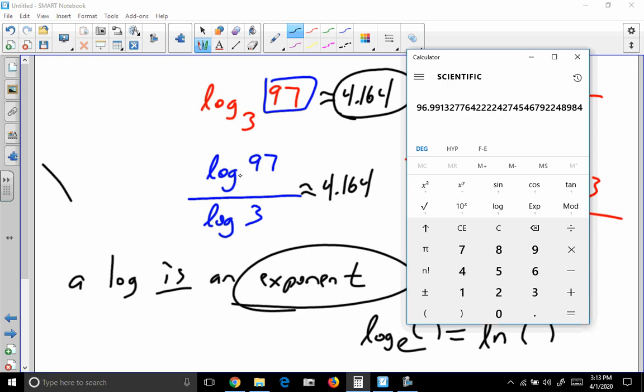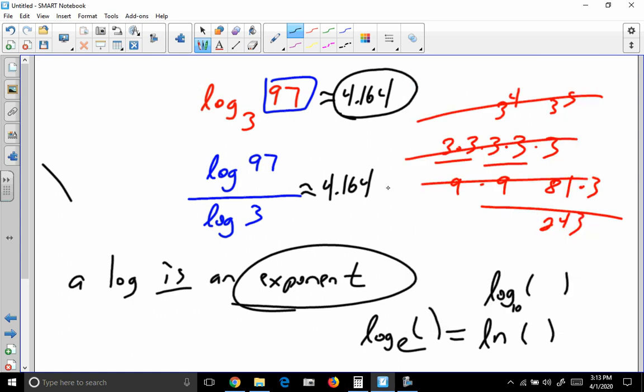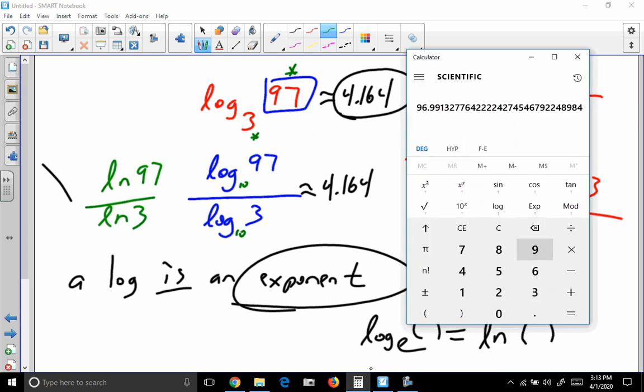This will work regardless of whether we do log base 10 or natural log. If we used natural log of 97 over natural log of 3, as long as we do this part on top, this part on bottom, and the bases are the same, whether it's log 10 or natural log, we're going to get the same answer.